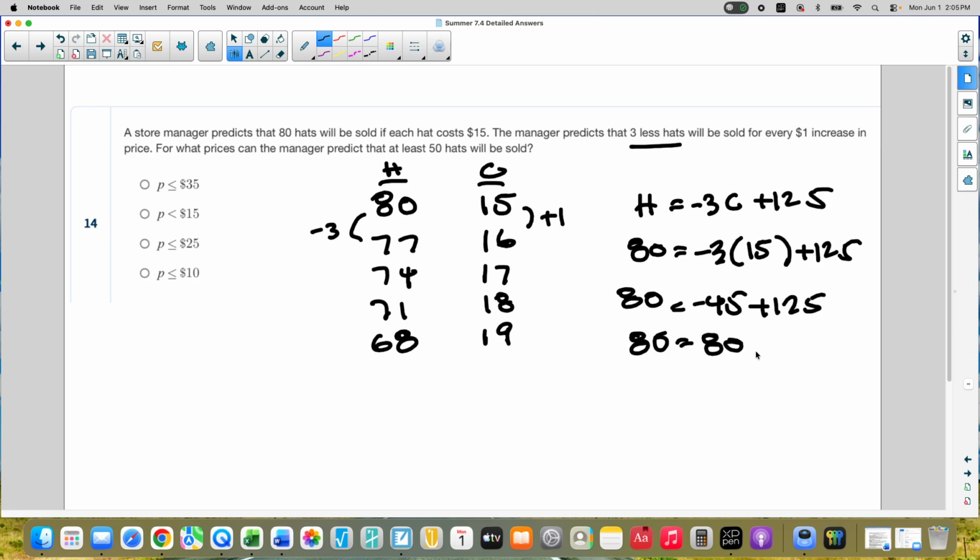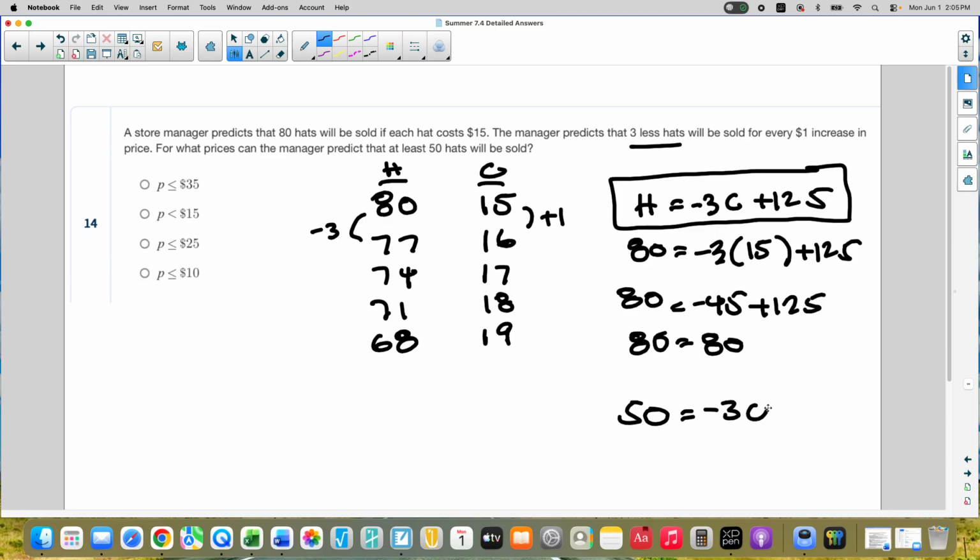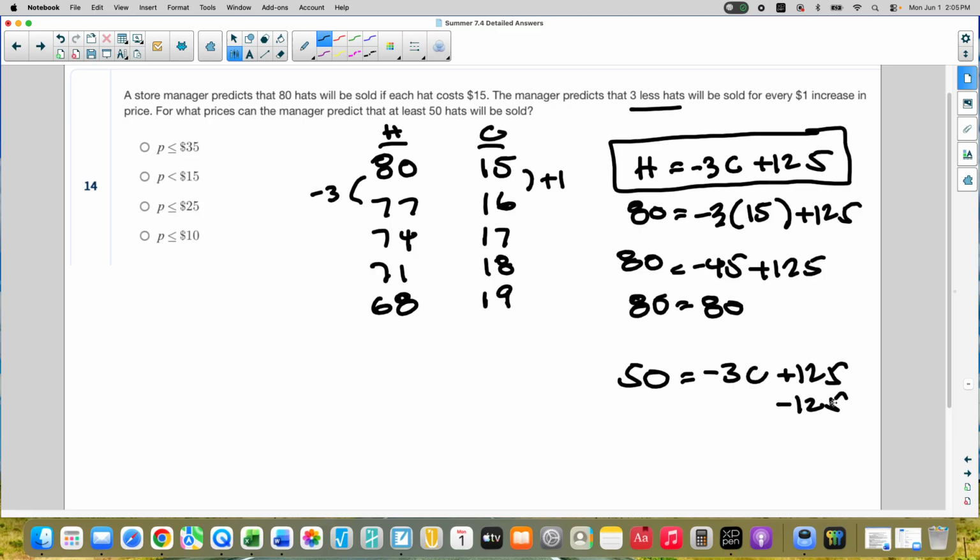All right, so I know that this equation now works because I tested it. And now I want to know, when will I get 50 hats? So hats equals 50. What is my cost going to be? So I can write this equation. And for what price? So I'm going to minus 125 minus 125 gives me negative 75 equals negative 3C.